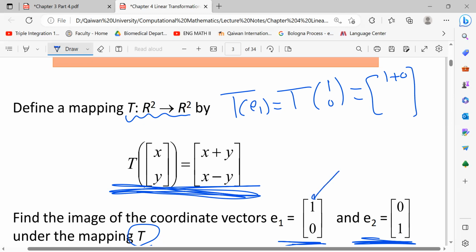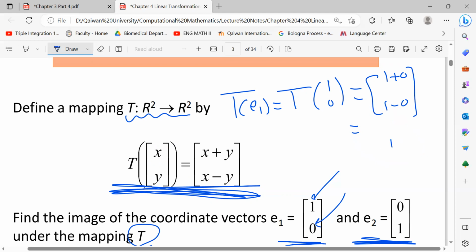First is 1, second is 0, so 1 minus 0. And this equals (1, 1). This is the image of E1. We just use the definition for finding the image of any vector.